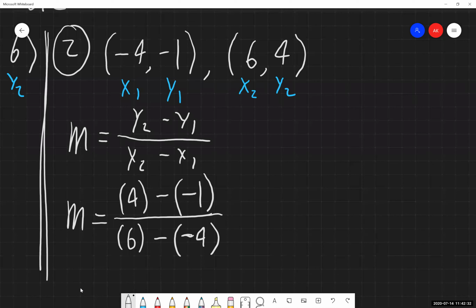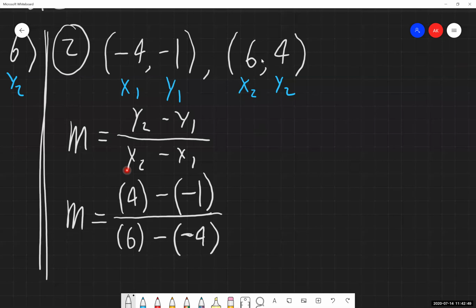Y sub 2 is 4, just like I have it labeled up here. -1 is y sub 1, just like I have it up here. Okay, so that checks out. 6 is x sub 2, like we have up here. -4 is x sub 1, just like I have right up here. So everything should fall in line just like we have it labeled.